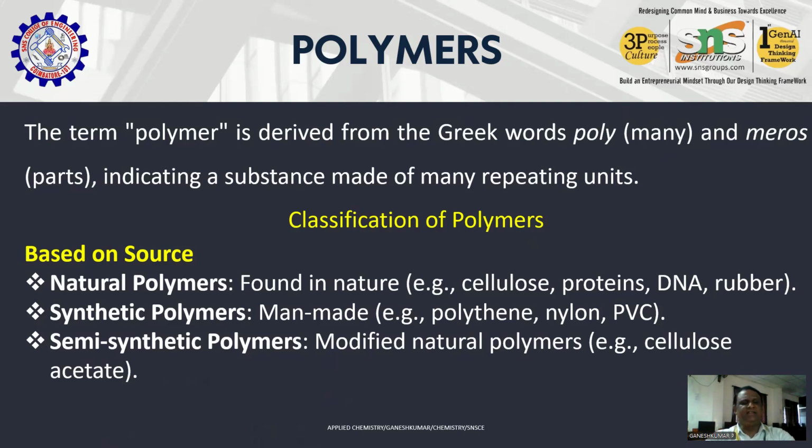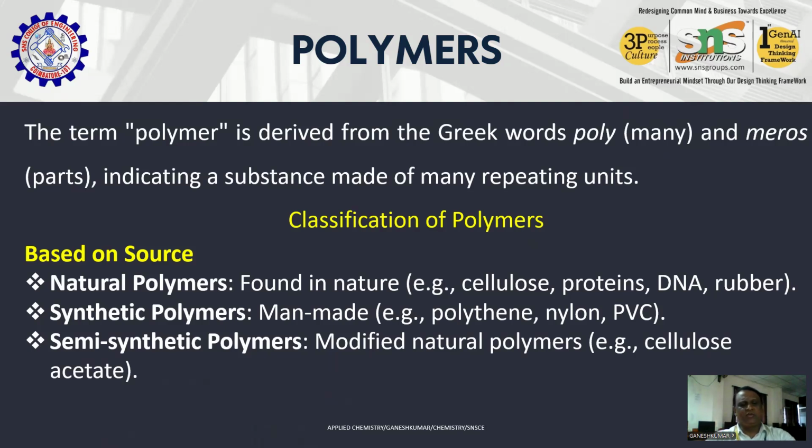Then we think of synthetic polymers. Synthetic polymers are man-made, produced in the laboratory by doing some reactions. For example, polyethylene, where ethylene is polymerized to form polyethylene; nylon, which is made up of adipic acid and hexamethylene diamine; and PVC, where vinyl chloride is polymerized to form polyvinyl chloride.